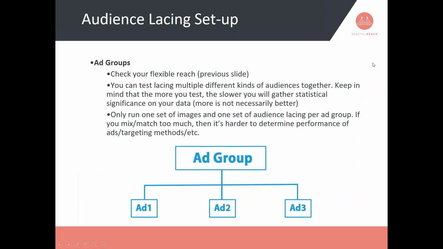All right, going more into the setup. So we went over the flexible reach stuff. The next thing is that you can test lacing multiple different kinds of audiences together. For any ad group that you set up, it's really up to you if you want to lace topics or keywords or demographics or in-market audiences, whatever you want to lace together.